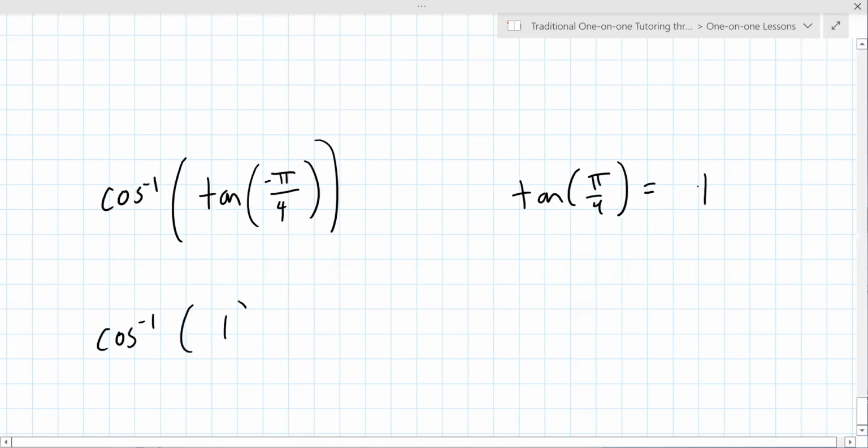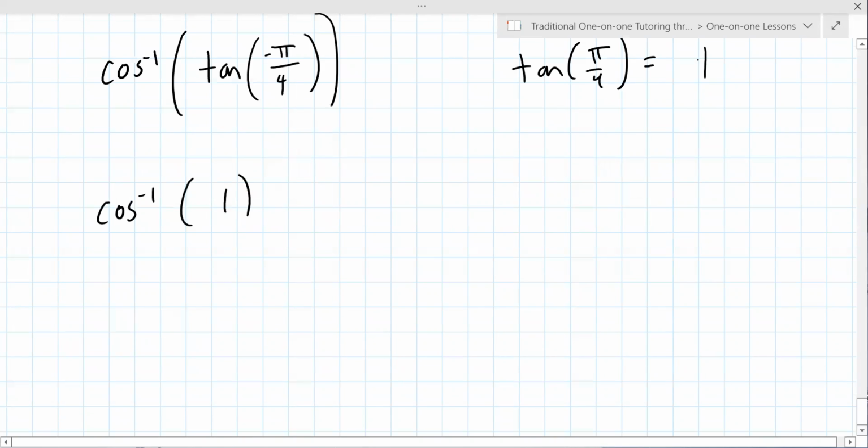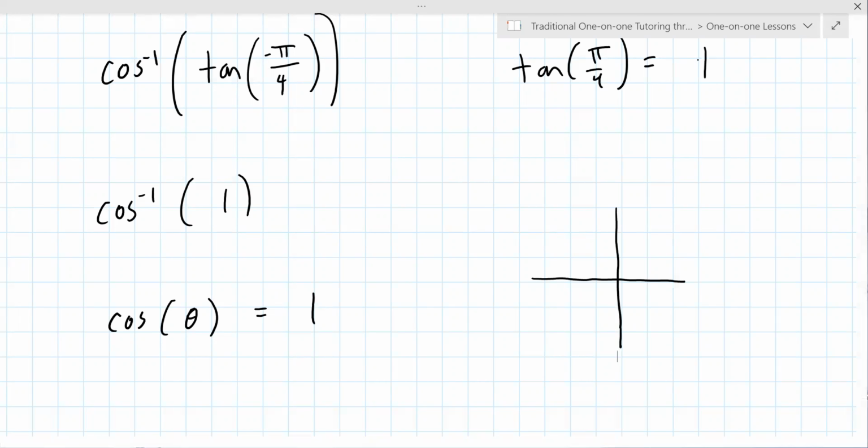So the next part is asking you to figure out the cosine of what angle equals 1. Basically, where on the unit circle are you where the x value is 1? 2 pi.